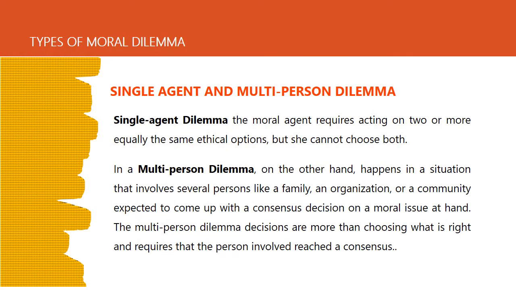Another type is single agent dilemma. The moral agent is required to act on two or more equally valid ethical options, but she cannot choose both. For instance, a medical doctor found out that her patient has COVID-19.